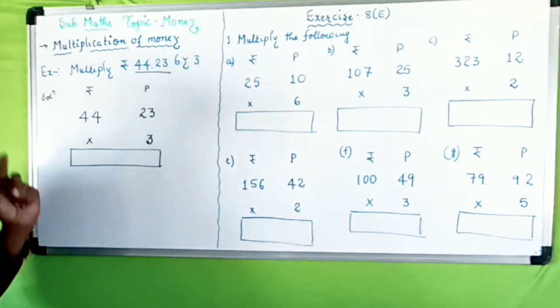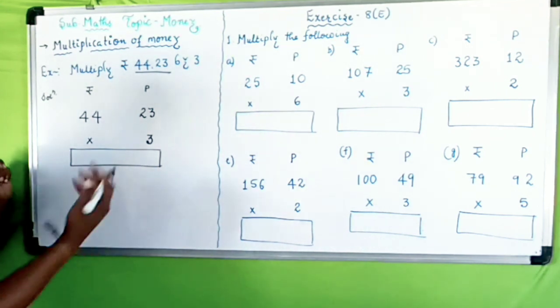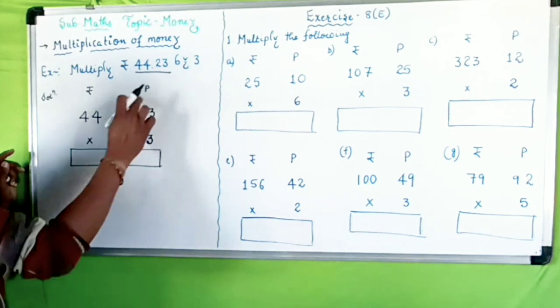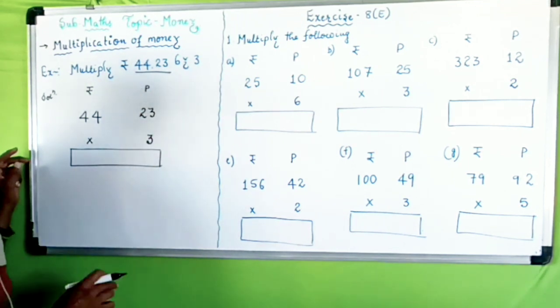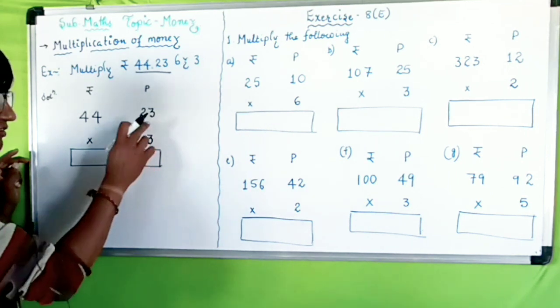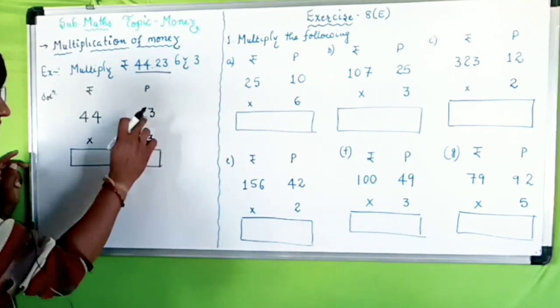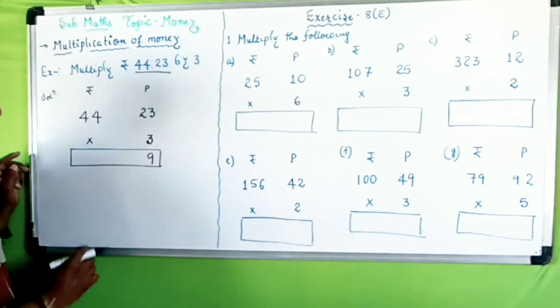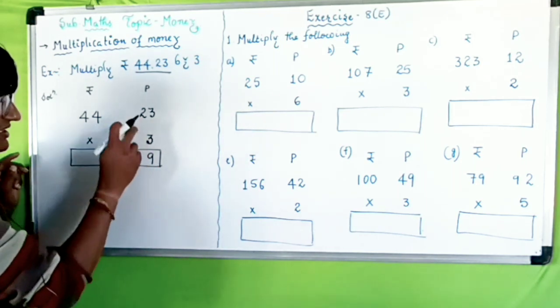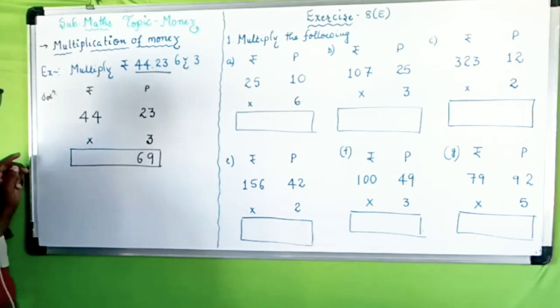Now we will start the multiplication. We start with the paise column. First we multiply 3 with the ones place of paise. 3 threes are 9, then 3 twos are 6, so 69 paise.